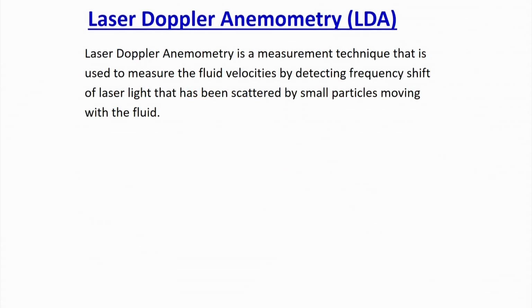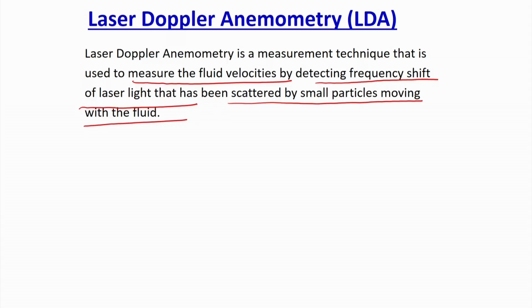As I said, what is laser Doppler anemometry? Laser Doppler anemometry is a measurement technique used to measure fluid velocity by detecting the frequency shift of laser light that has been scattered by small particles moving with the fluid.